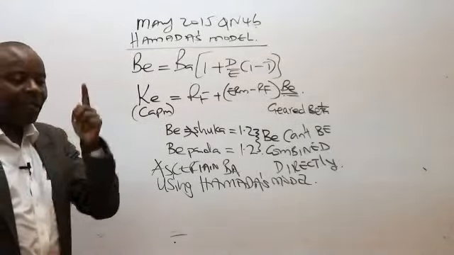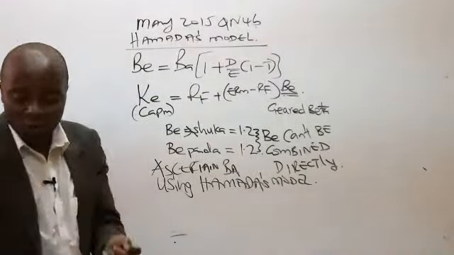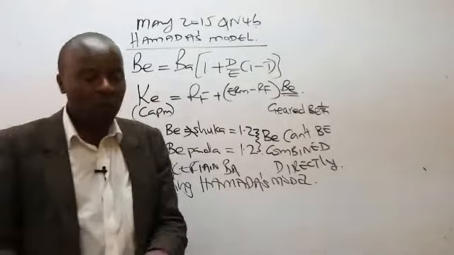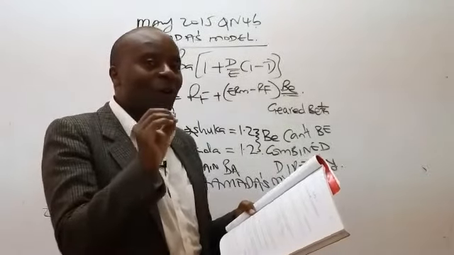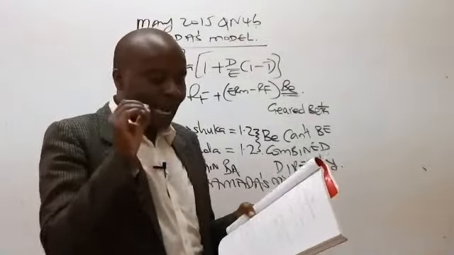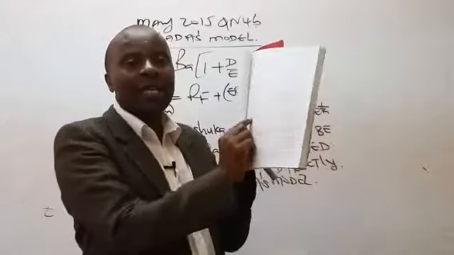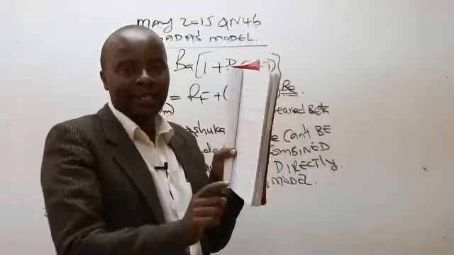Great. But this examiner was a good examiner. He knew that very many students would not be in a position of ascertaining beta assets for each company. So he went ahead and gave us beta assets.